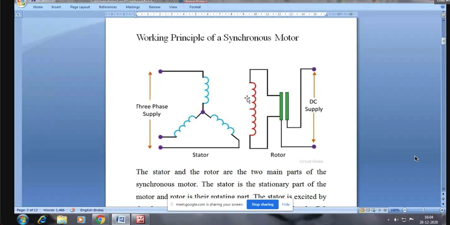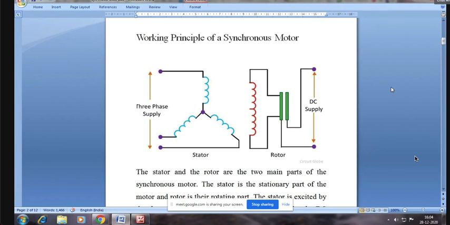And we will see what that is and how the synchronous motor takes its name synchronous. And this is what the article aims at. Can you see this diagram? Yes, sir. Towards the left, again, please note, a synchronous motor, similar to a synchronous generator or alternator, has two parts, namely stator and rotor.